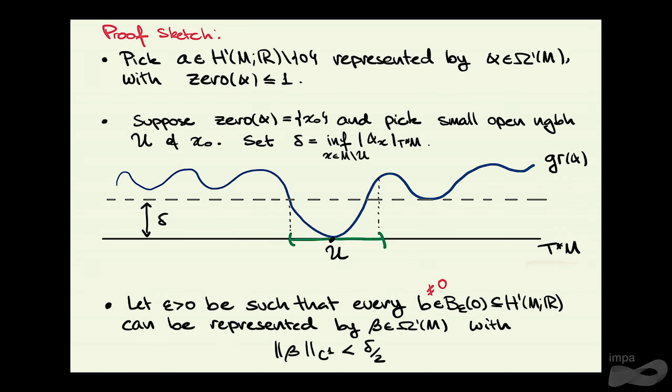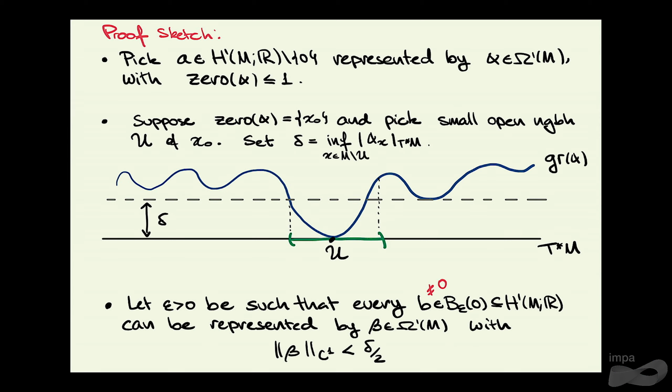This is the cotangent bundle, and we're looking at its graph. We can pick some small neighborhood U of this zero, and we can find some delta, for some choice of metric in this cotangent bundle, that captures the distance from having a zero, how far you are from having a zero away from this U in simple terms.